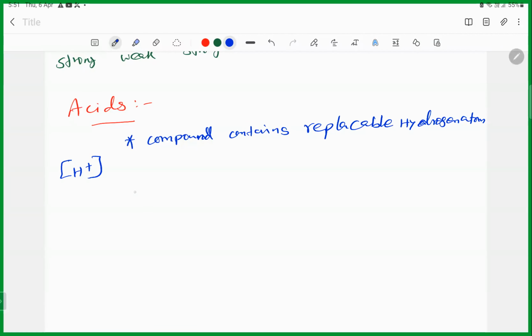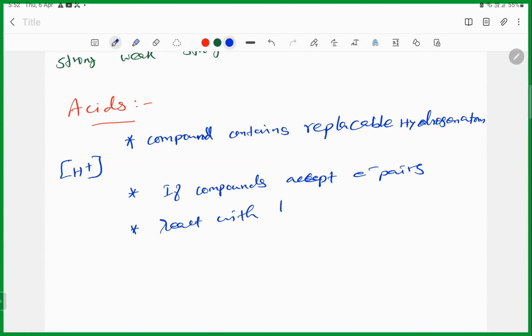And then if the compound accepts electron pairs, then also it is called acid. And if the compound reacts with base, then also it is called acid.